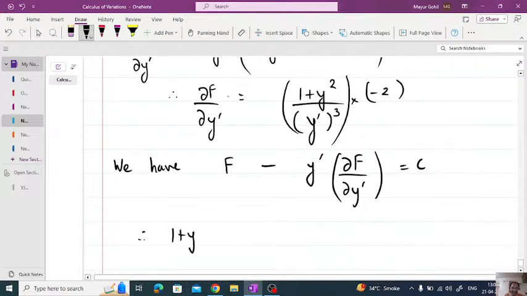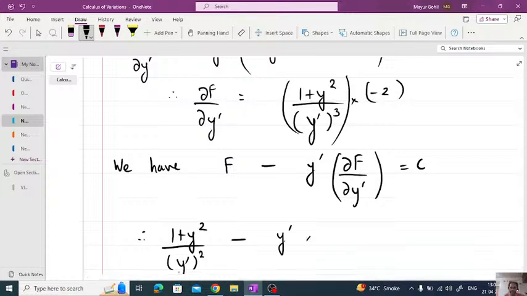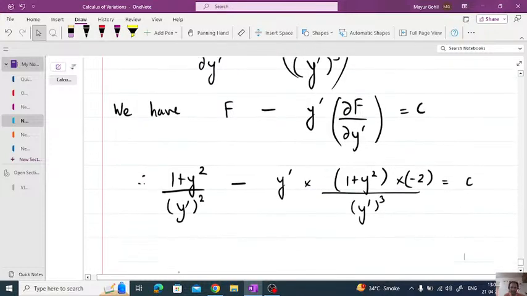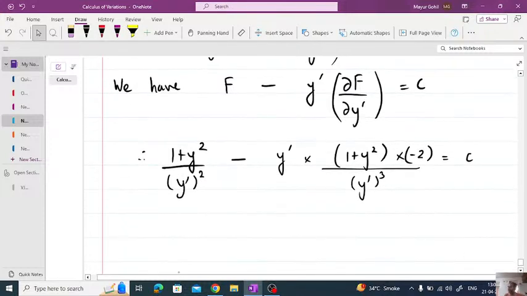So the moment I substitute f, what do I get? 1 plus y square divided by y dash square minus y dash multiplied by 1 plus y square multiplied by minus 2 divided by y dash cube equal to c. Generally cutting of the function doesn't happen, but over here you can because you are treating them as variables.